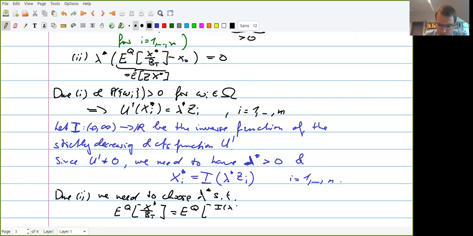So what we just have learned, star z divided by b t. And then now let's go back to our process z. Let's swap to the measure P, and this has to be x0.